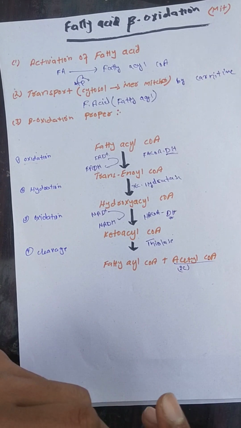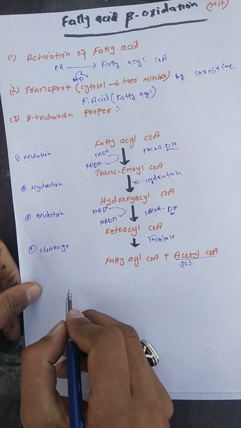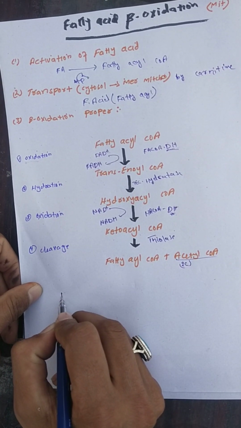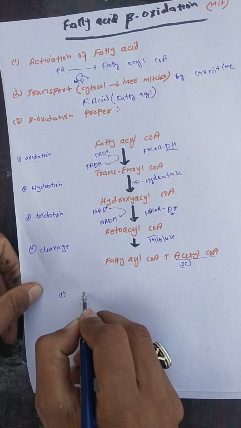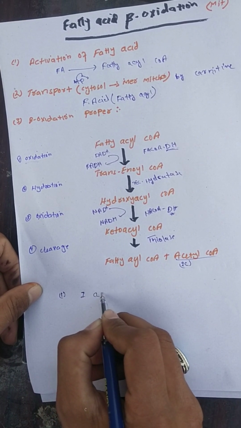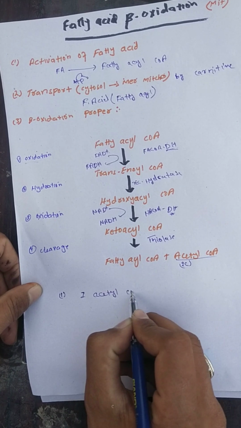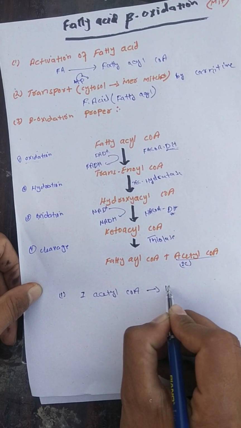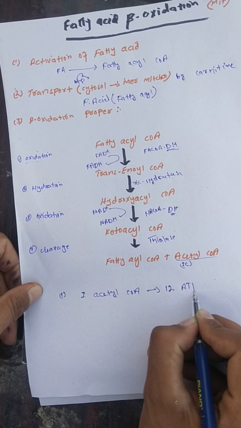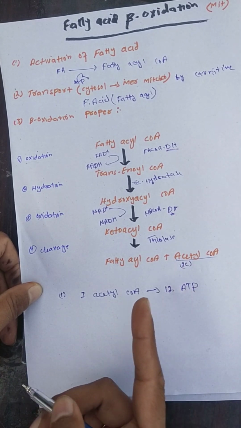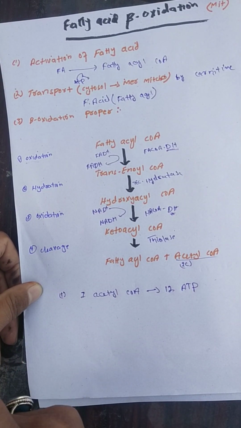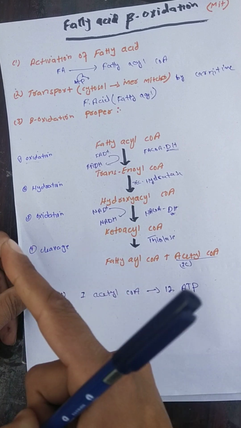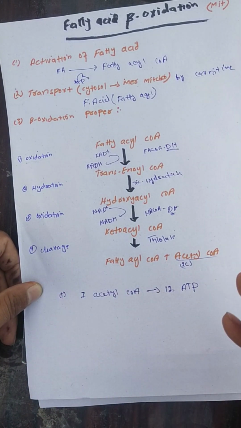By this reaction, you should know that 1 acetyl CoA is equal to 12 ATP. If you want to know how 1 acetyl CoA is equal to 12 ATP, watch my video on the TCA cycle. I show you there how 1 acetyl CoA can give 12 ATP.